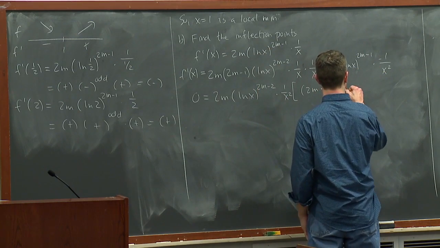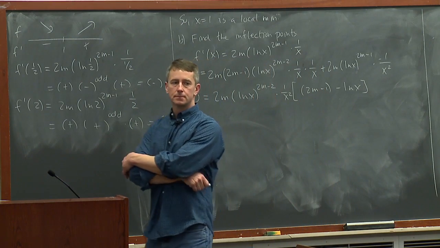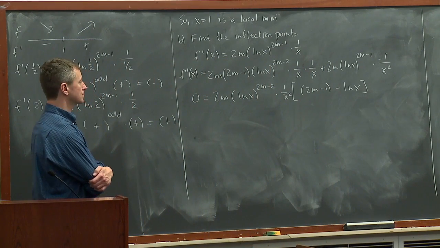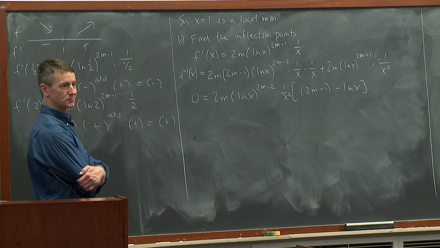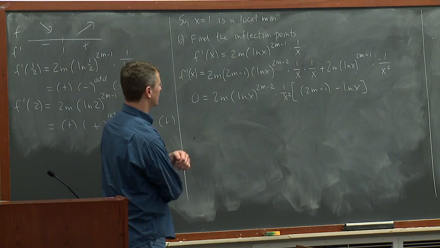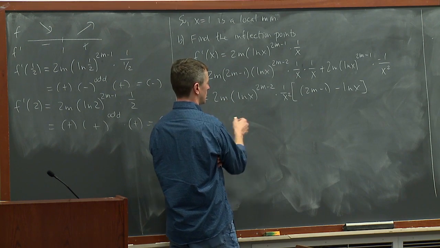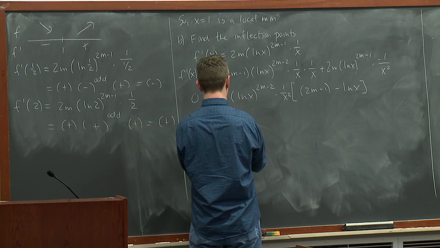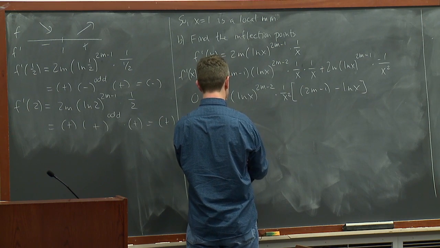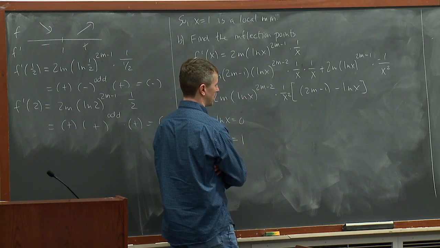So it's minus ln of x. Agreed? All right. So can 2m ever be 0? No. We've already decided that if ln of x is 0, that means x is equal to what? 1. That was from the previous part.